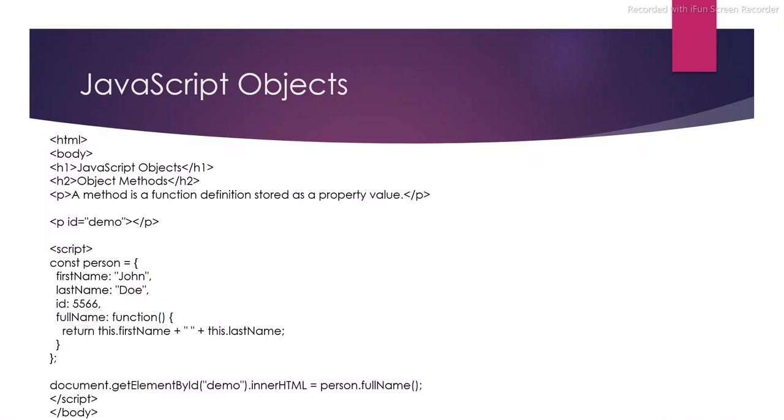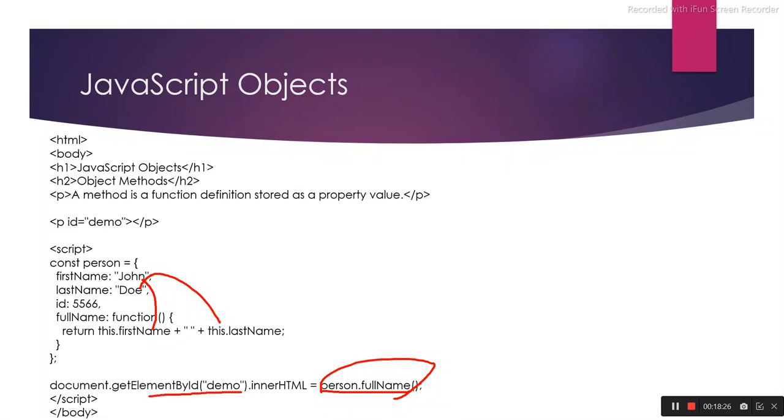So I call it from here, person dot full name. It will automatically access the first name and last name, combine both, and return the result here. This result will be displayed in demo. What is this demo? It is an empty paragraph. With document.getElementById demo.innerHTML, in that paragraph I am displaying this full name.